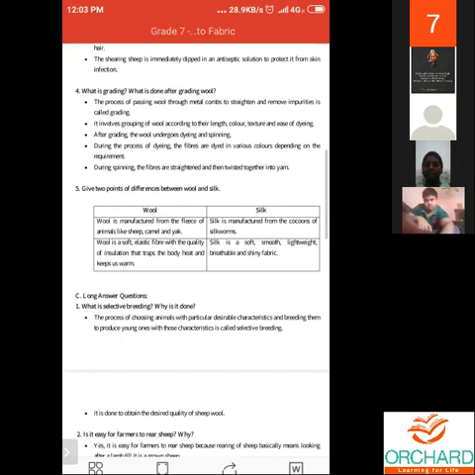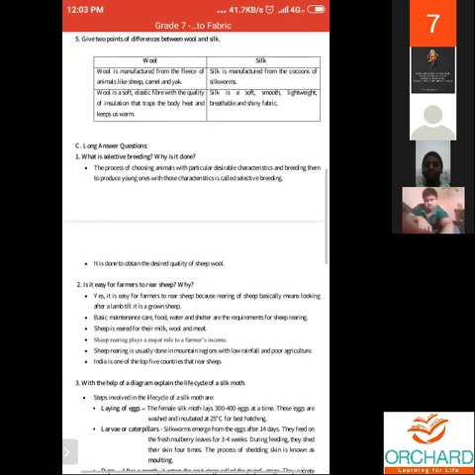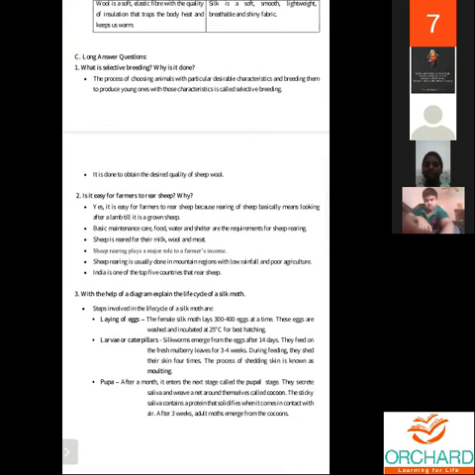Now coming to the long answer type question, what is selective breeding? Why is it done? This can also be asked as a definition. Define selective breeding. So you can write the same thing. The process of choosing animals with particular desirable characteristics and breeding them to produce young ones with those characteristics is called selective breeding.